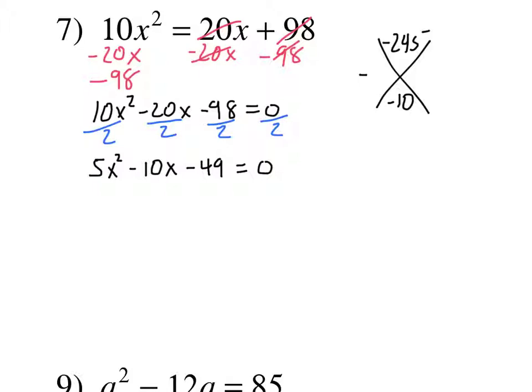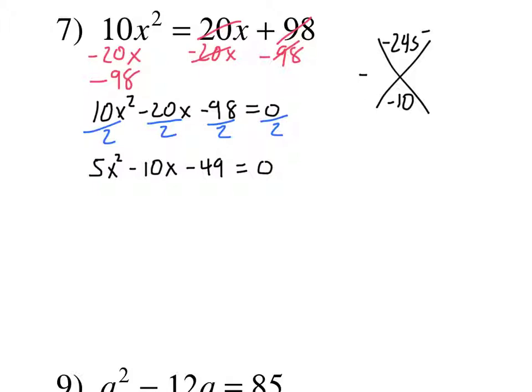If you're uncertain what you're doing, you can factor 245. We know at least what goes into it. How about 5? Because we know that 5 times 49 gives us 245. But sadly, 5 and 49, even if one of them is negative, doesn't add to give us negative 10. We know that 49 is 7 times 7.